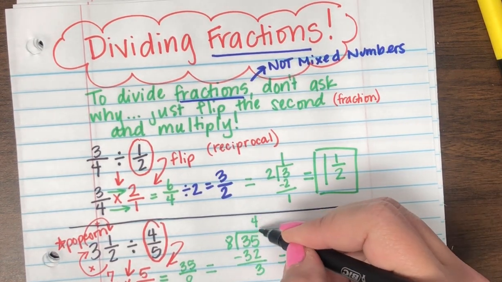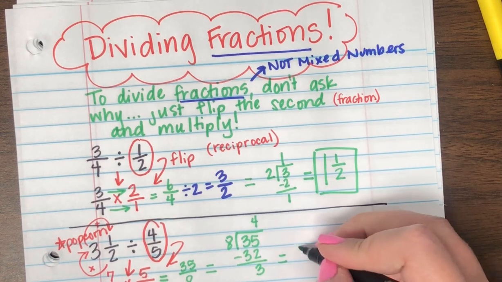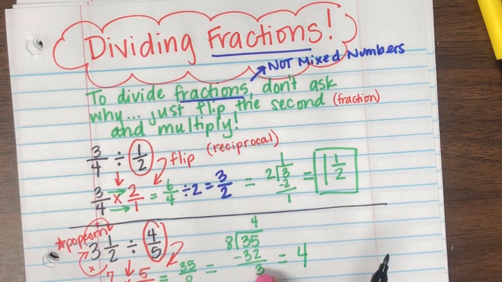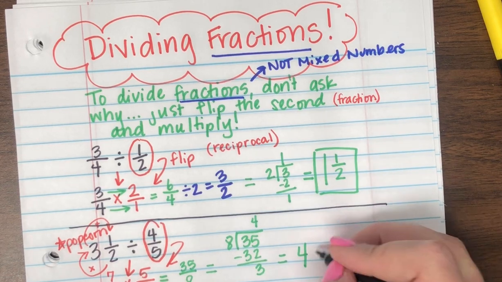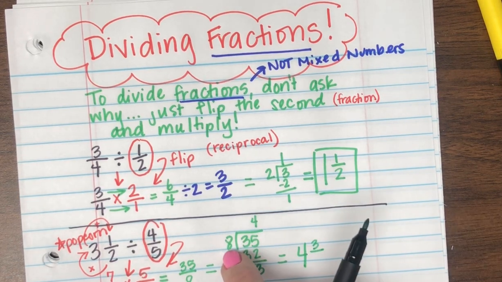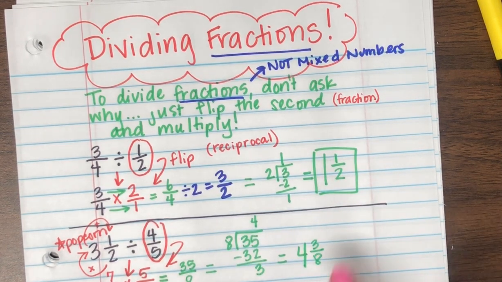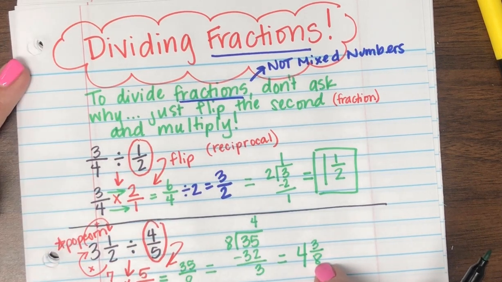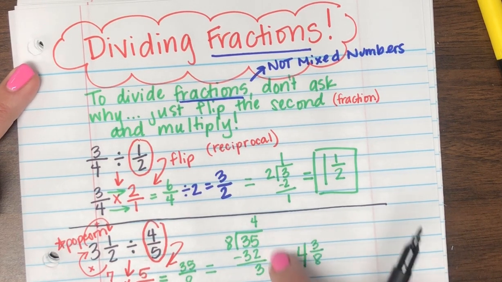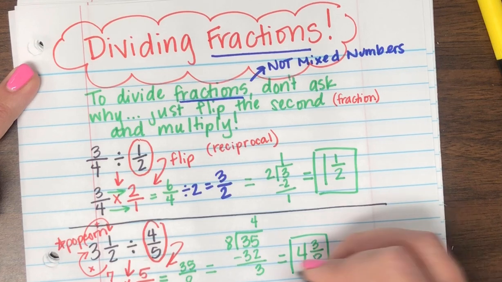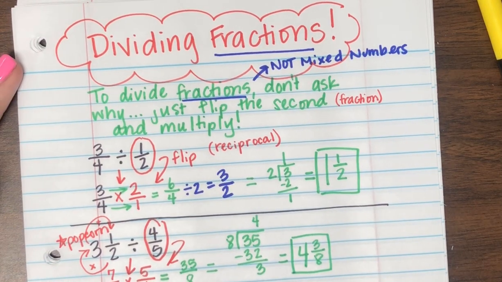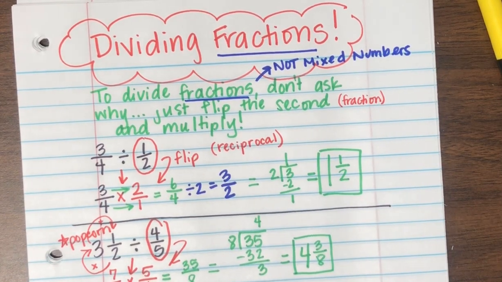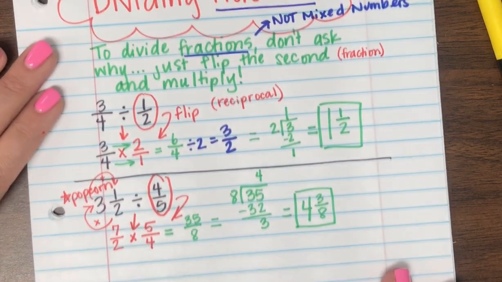So let's rewrite this as a mixed number. So it went in 4 whole times. 3 was how many were left over, that's our remainder, out of 8. 3 and 8 don't have any common factors, so that means that I am done with this particular question. Okay? All right, let's go to our next example.